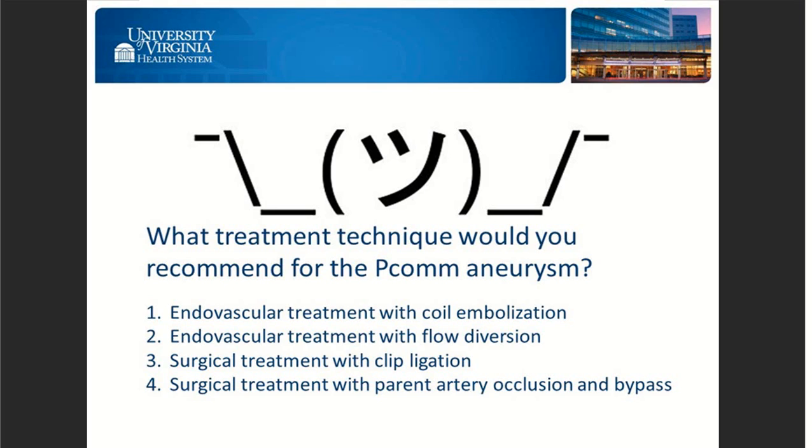Yeah, this is an interesting case and something you'll see very frequently in practice, with one aneurysm that is perhaps a little easier to make a treatment recommendation on, and a secondary aneurysm that may not be quite so clear.